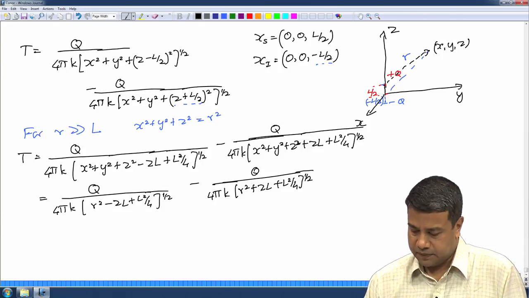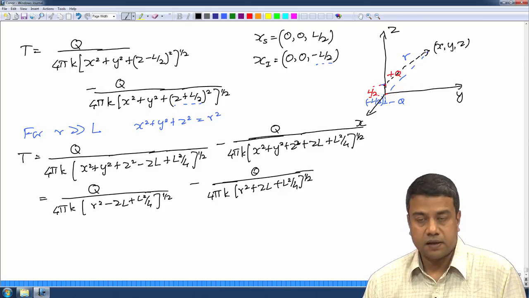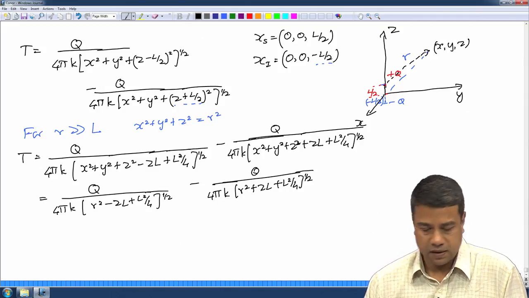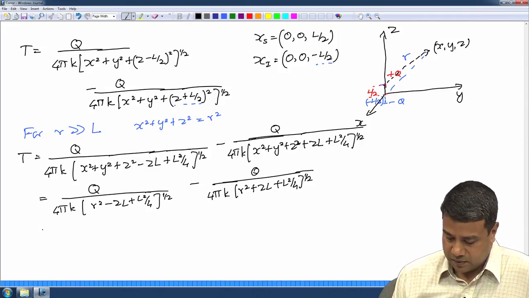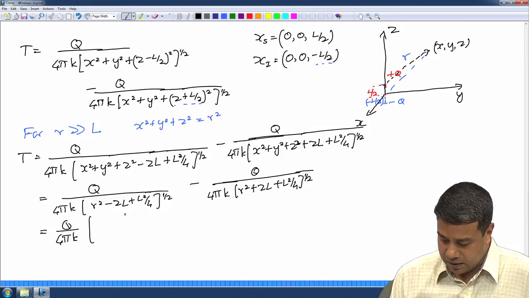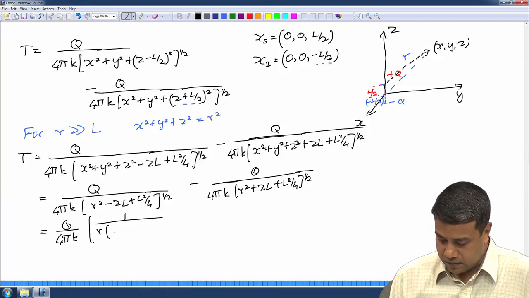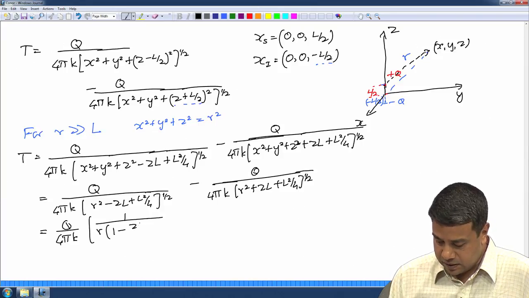Now, I take r out as a common factor in the denominator in both of these expressions. So, I will get q by 4 pi k into 1 over r into 1 minus zL by r square plus L square by 4 r square, whole to the half.